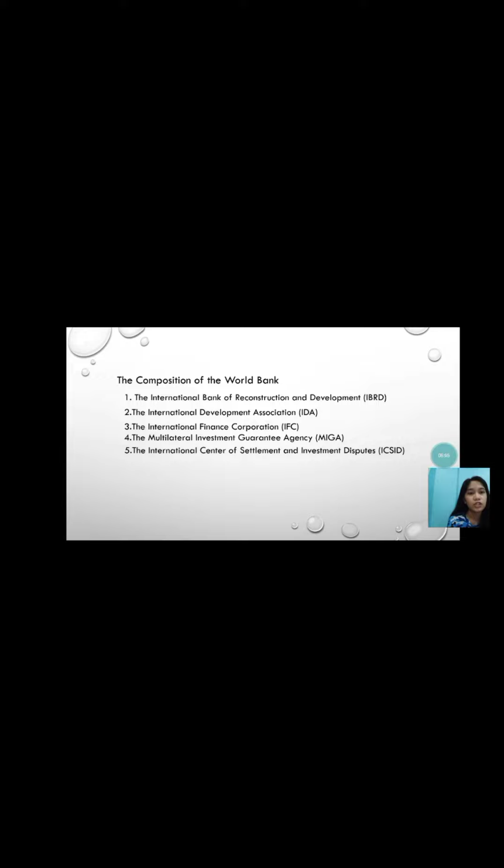Number 4, the Multilateral Investment Guarantee Agency or MIGA. And the International Centre for Settlement of Investment Disputes, ICSID.